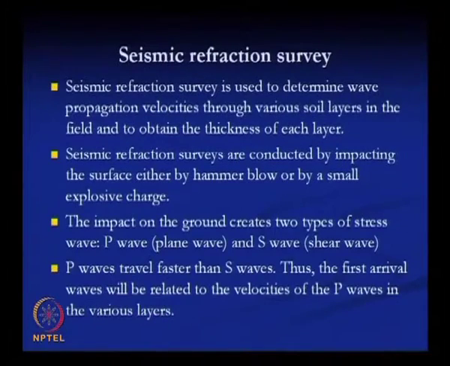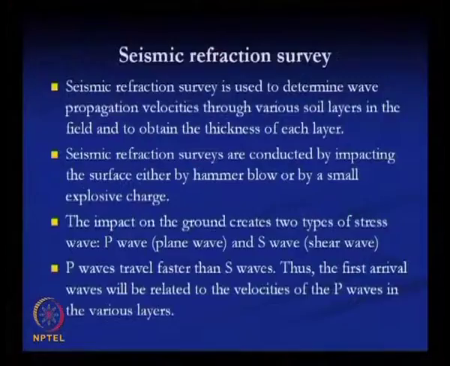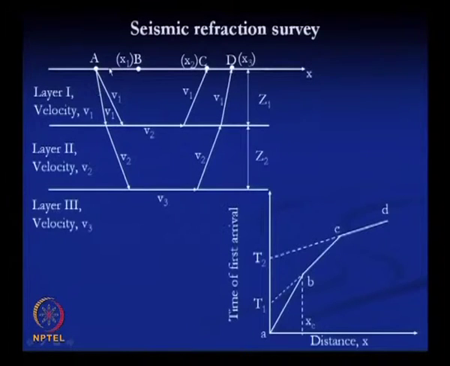We will generate 2 types of waves, P waves and S waves, by using this hammer blow or small explosive charge. But as the P wave travels faster than the S wave, the first wave we will receive at the geophones or receivers, which are placed at different distances from A, the point of source, is the P wave.